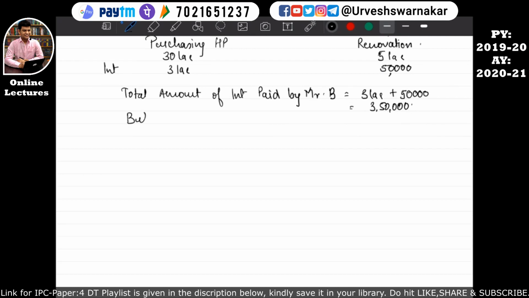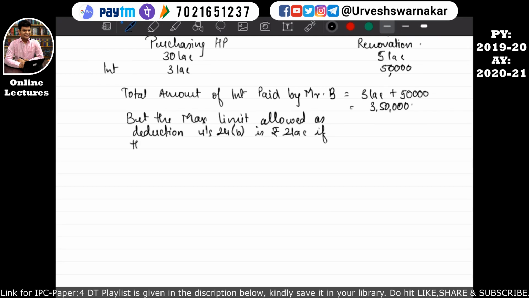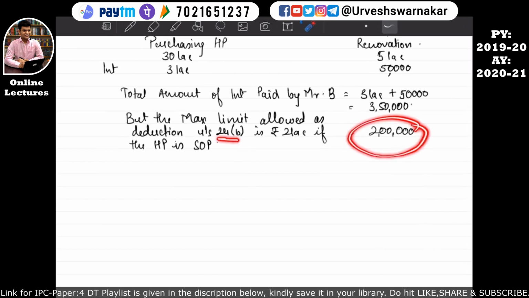But the maximum limit allowed as deduction under section 24 subsection B is rupees 2 lakh if the house property is SOP. I hope this is quite clear. So irrespective of the fact that the assessee has paid 3,50,000 of interest in the previous year 1920 for purchasing the house property as well as for its renovation, the maximum interest that can be allowed as deduction under section 24 subsection B is rupees 2 lakh.